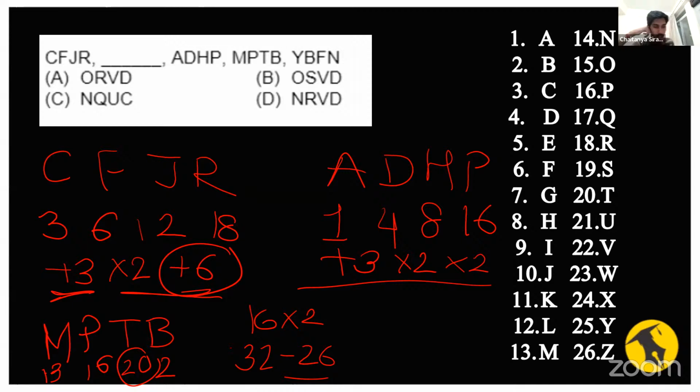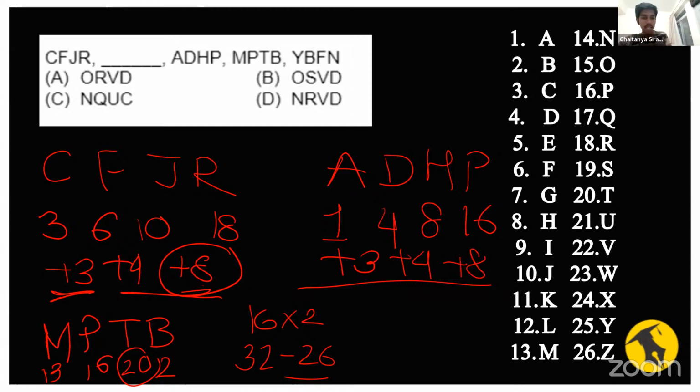I made a mistake here. This was not 12, this is 10. So here, this was plus 4. This plus 4 logic is working here as well. And then I can write this as plus 8.